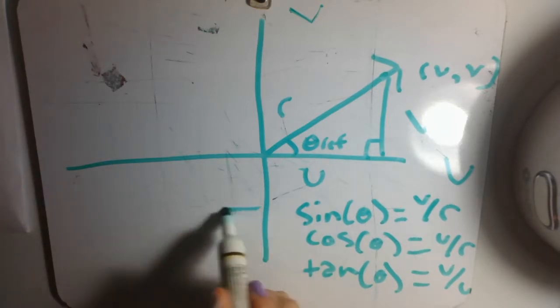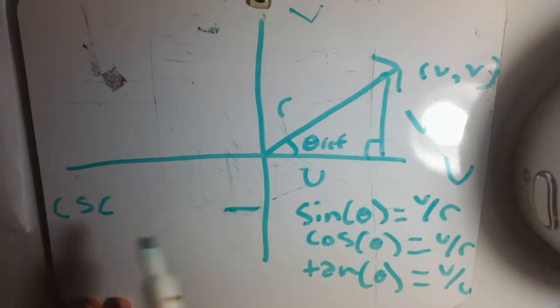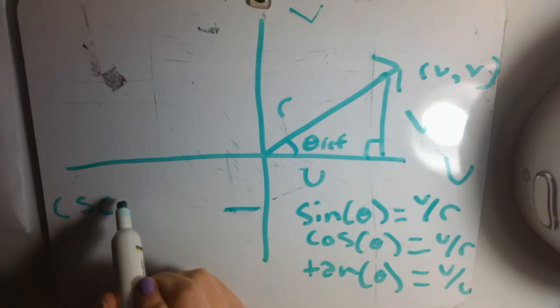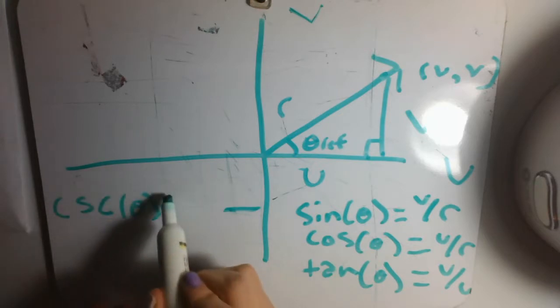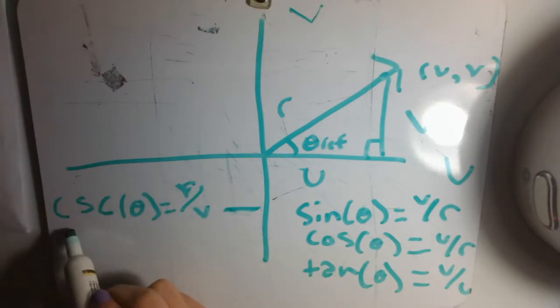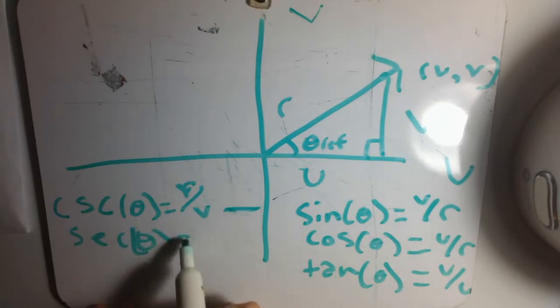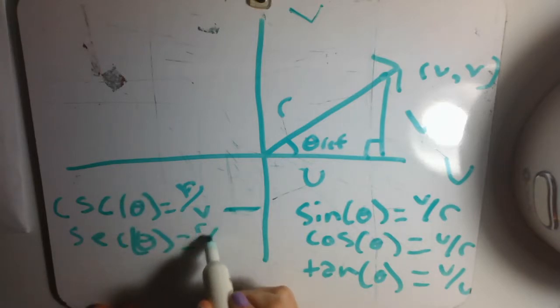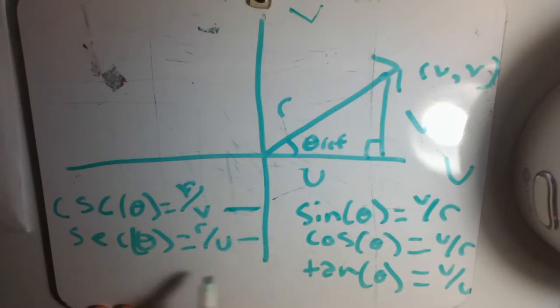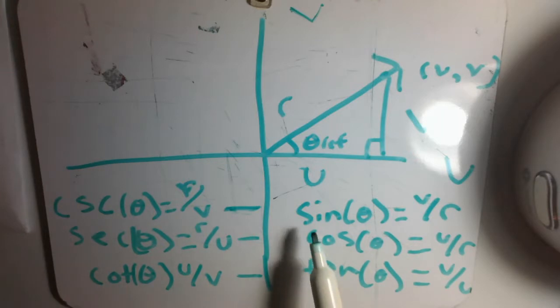So the reciprocal of sine is called cosecant, and the cosecant is just going to be the reciprocal, so it's R over V instead of V over R. Secant is R over U. The reciprocal of tangent is cotangent, and that's U over V. You can remember this because the S always goes with the C.